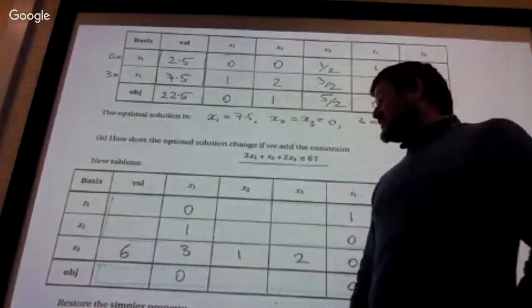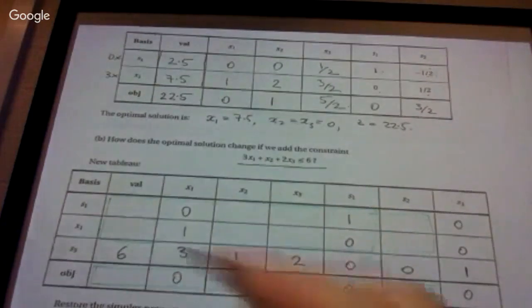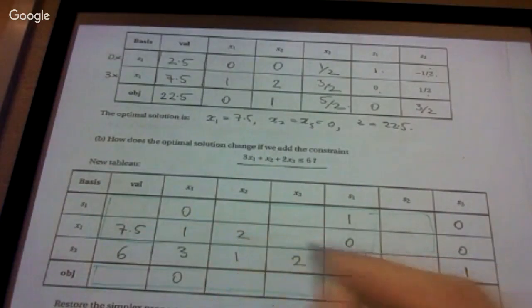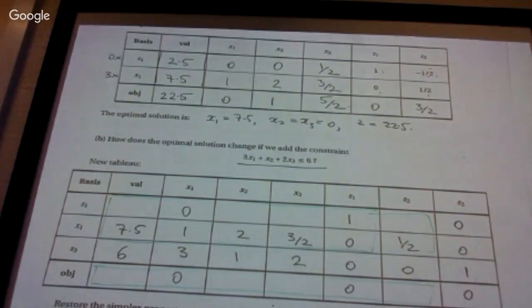So what we need to do is subtract 3 times this row from that row to get the new tableau. So I'm going to put in the values, 7.5, 3 over 2, 1/2. Three times these values I'm taking away from the S3 row to get 0 where I want it.